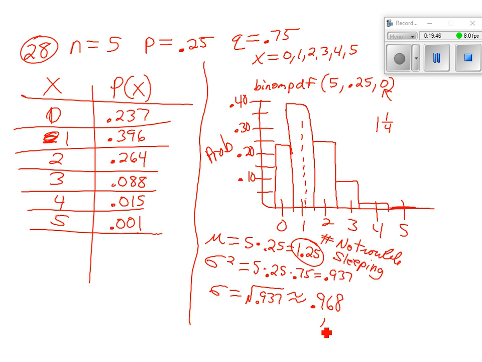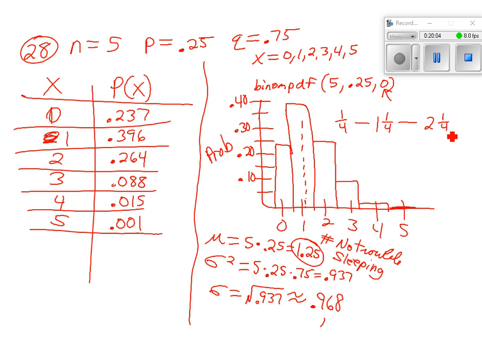Even the 1/4 here really doesn't work. With our standard deviation, we're saying that going down or going up, one way or the other, we would be about 1/4 of a person up to 2 1/4 people.